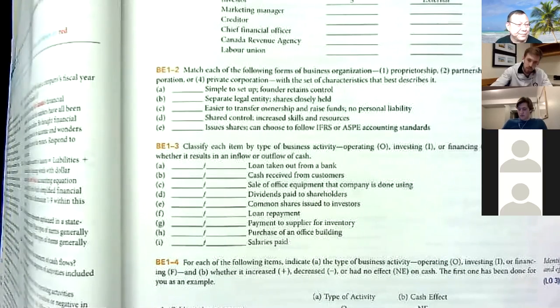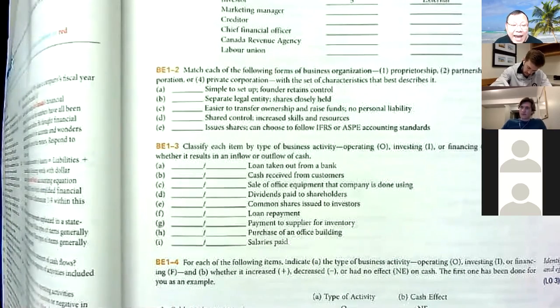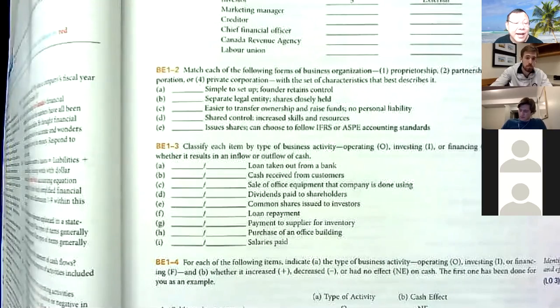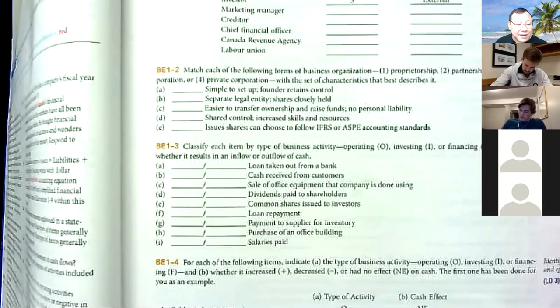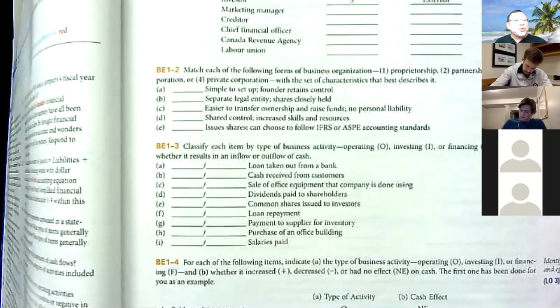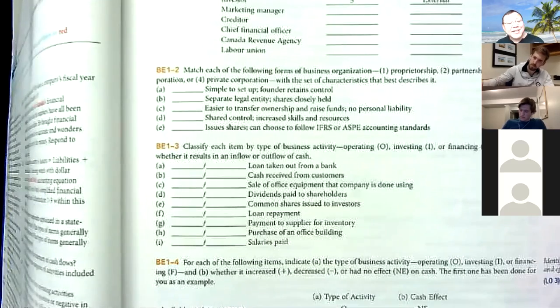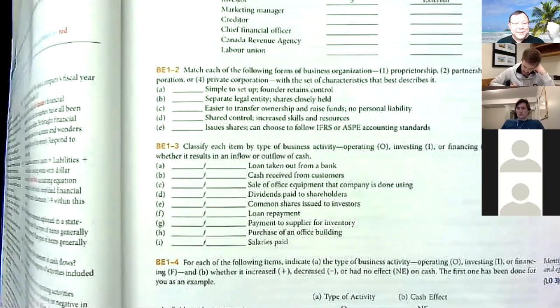Would that be operating inflow? Okay, very good. Operating inflow, right? Because cash is a current asset. Cash is a current asset. So that falls into the operating activities. And the fact that you receive the cash, that's a cash inflow.